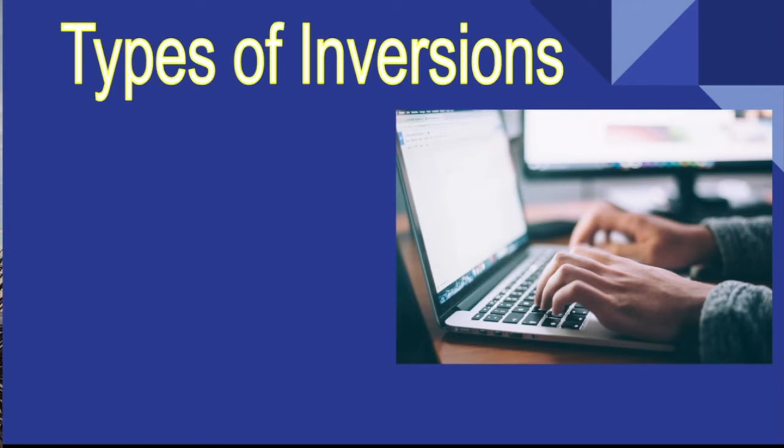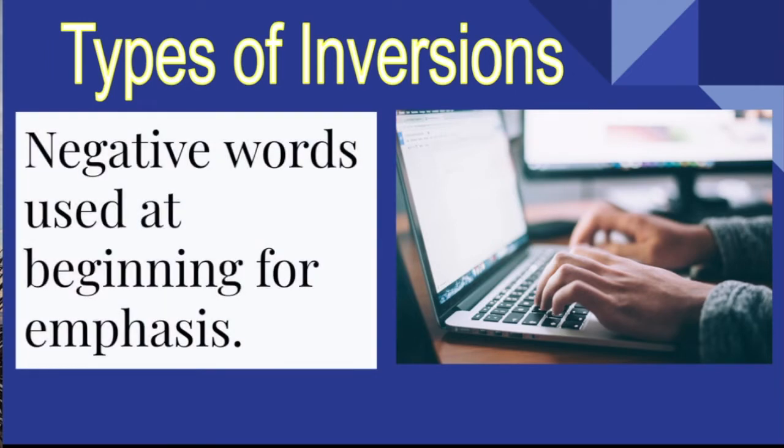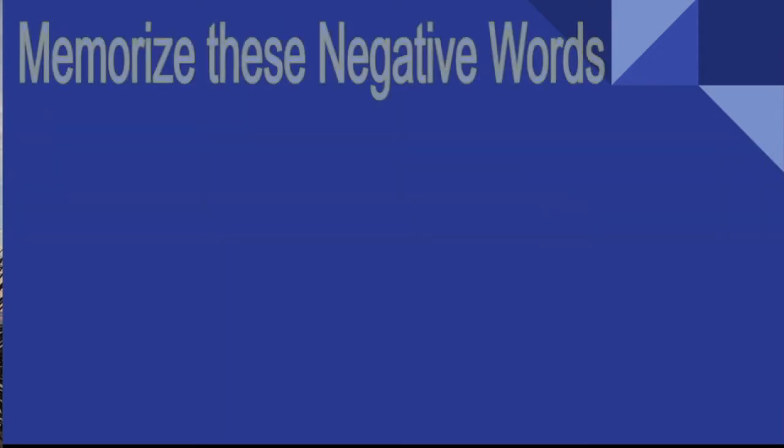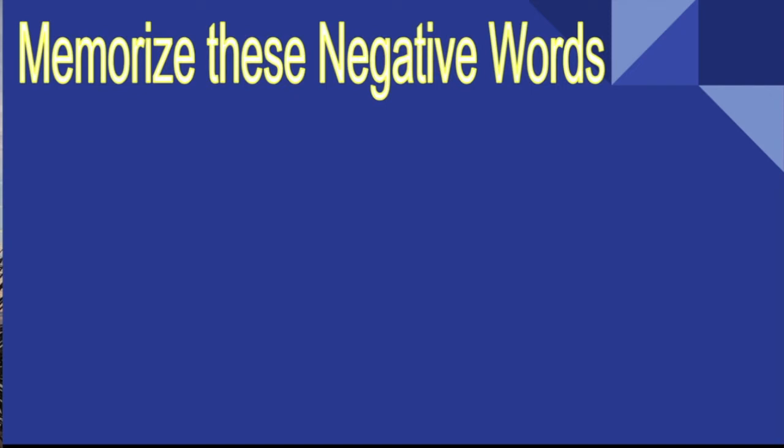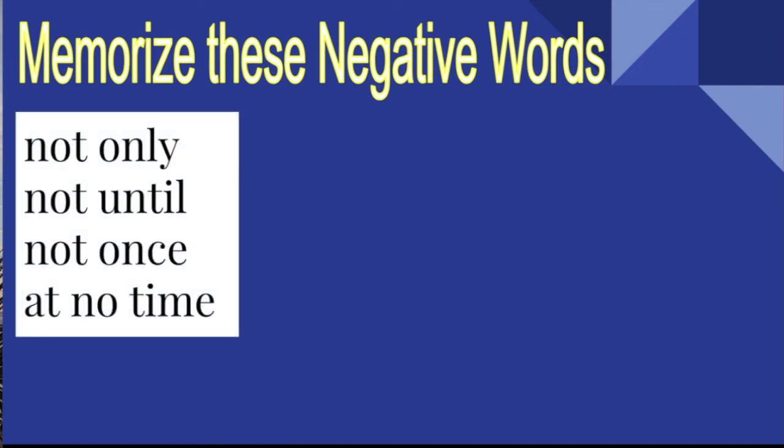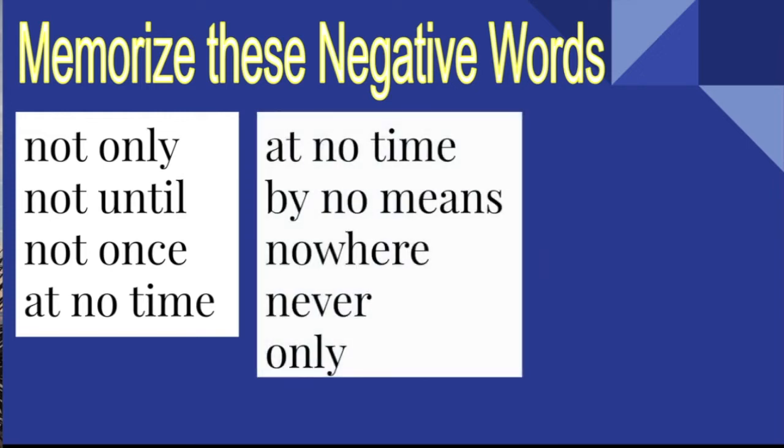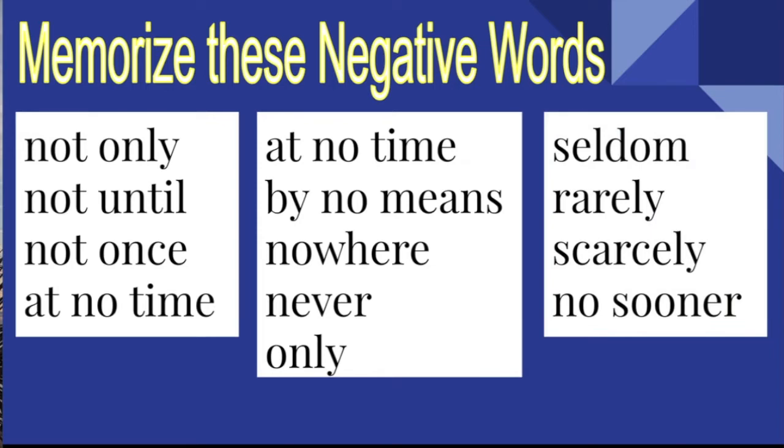Types of inversions. Negative words used at beginning for emphasis. Memorize these negative words. Not until, not only, not once, at no time, by no means, nowhere, never, only, seldom, rarely, scarcely, and no sooner.